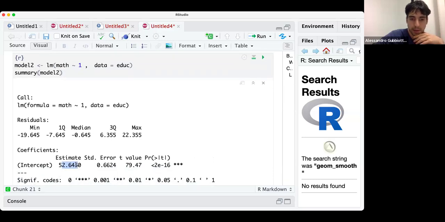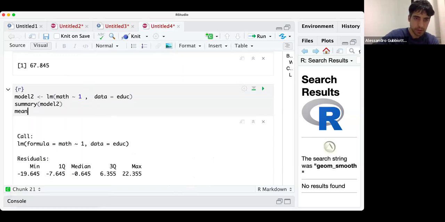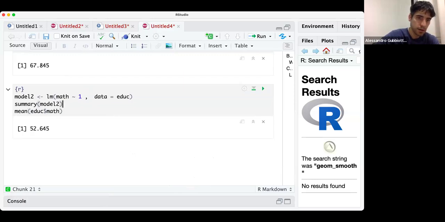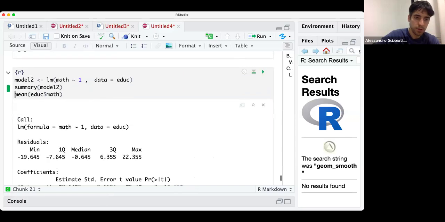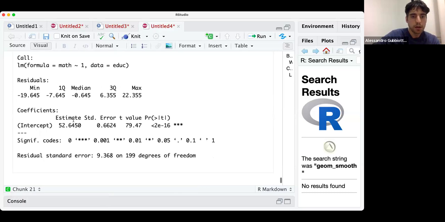This is the prediction of y using a constant. It's 52. But it's simply the mean of the math score, because we are using the least square method. So the penalty is the squared one, which gives rise to the mean.